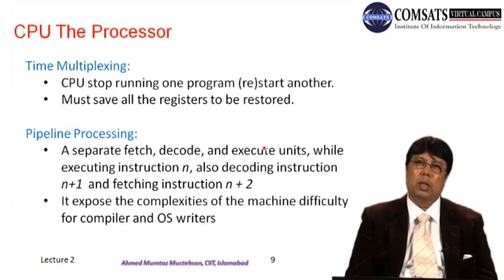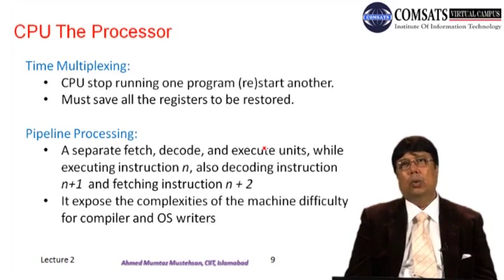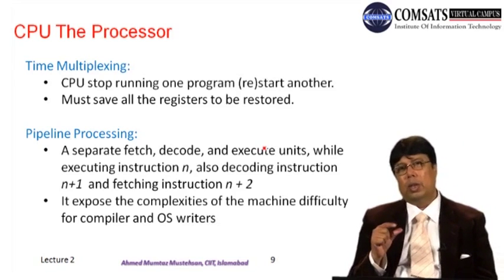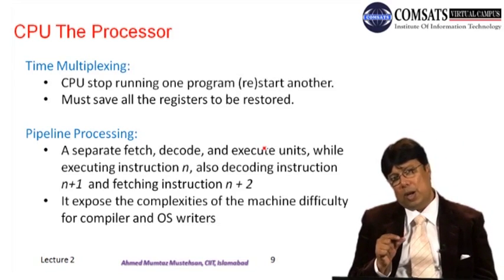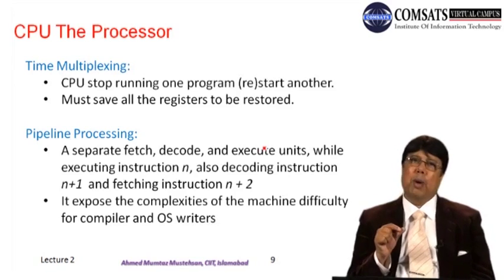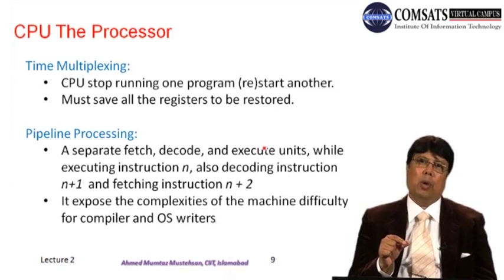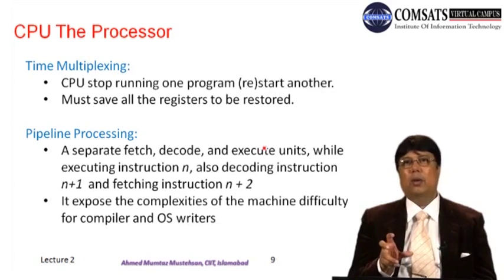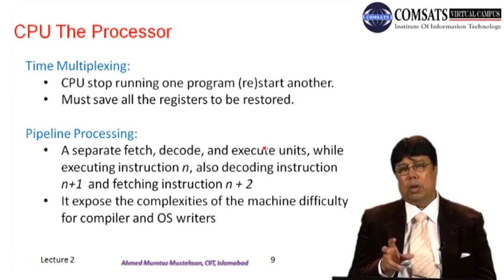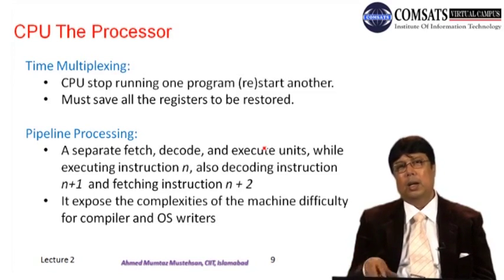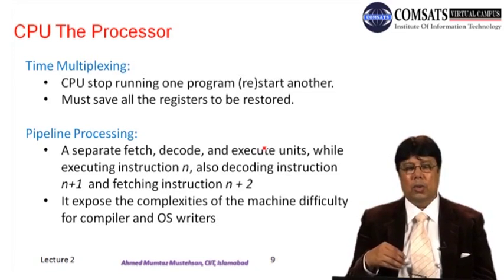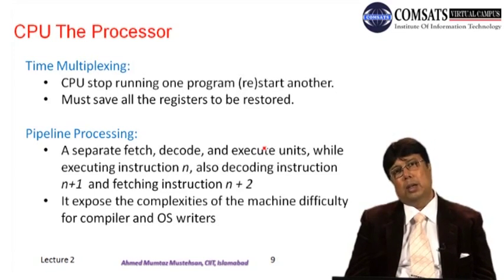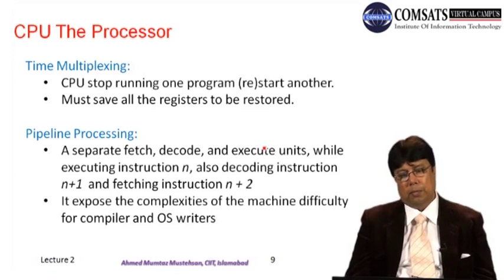We have already talked about it in the last lecture also. It means that one time slot of the CPU is allocated to one user. After the expiry of that particular time slot, the total environment of that procedure or that process is saved somewhere in the storage, and the CPU is allocated to some other process or some other task or some other user.